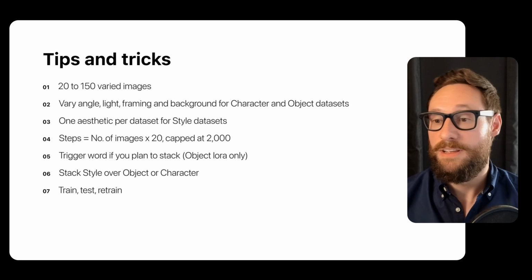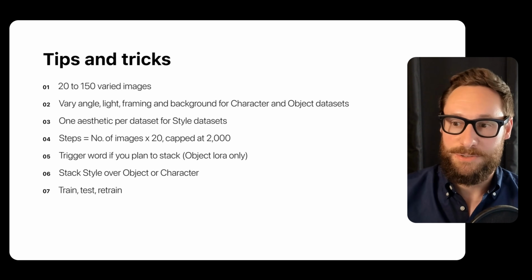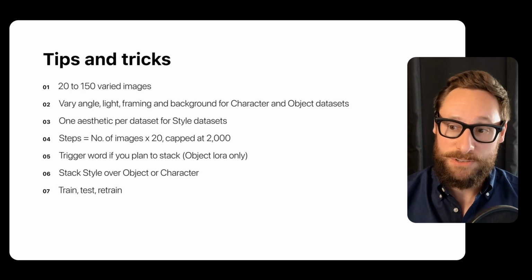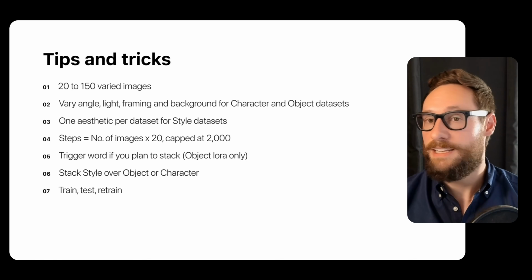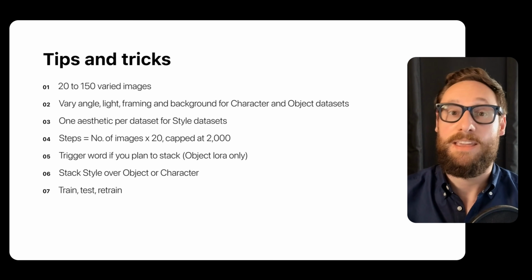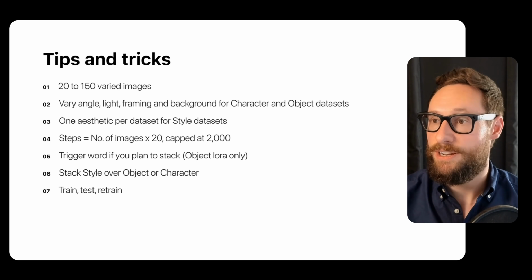Steps are essentially the number of images times 20, up to 2000. Trigger words you can apply if you're doing object Loras, and then you can stack those different styles as well. And go ahead and train some, test them, see what you like, generate more assets, then go back and retrain those.